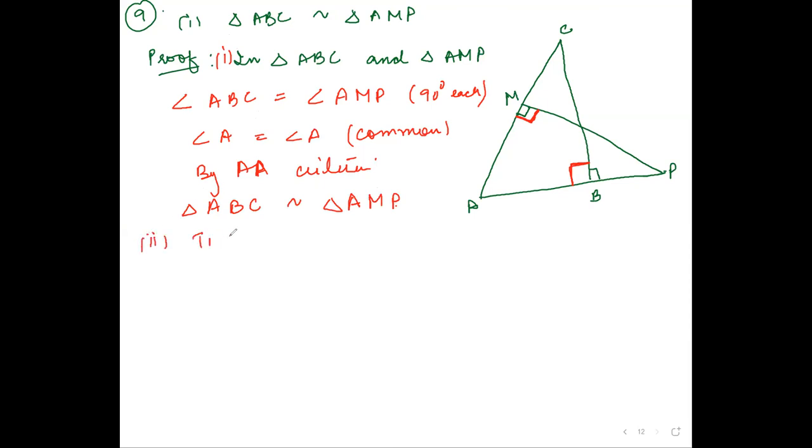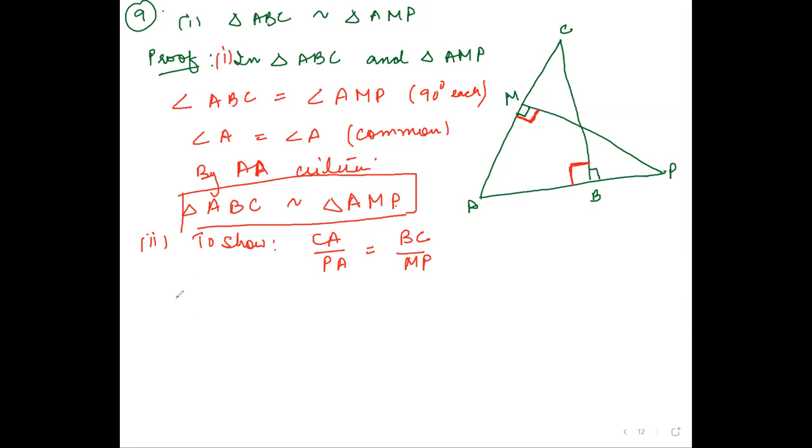So you have to show that CA upon PA is equal to BC upon MP. Okay, now what is CA? We will use the result of the first part, because we have already proved that these two triangles are similar and therefore their sides are in proportion.